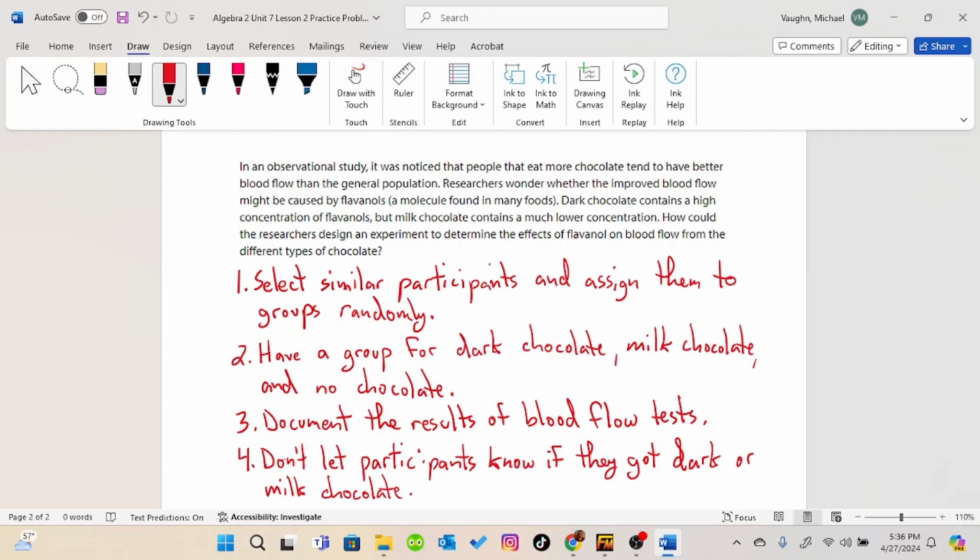They might be able to tell from the taste if they know the difference, but you don't want to outright tell them one way or another because that might also affect the results.